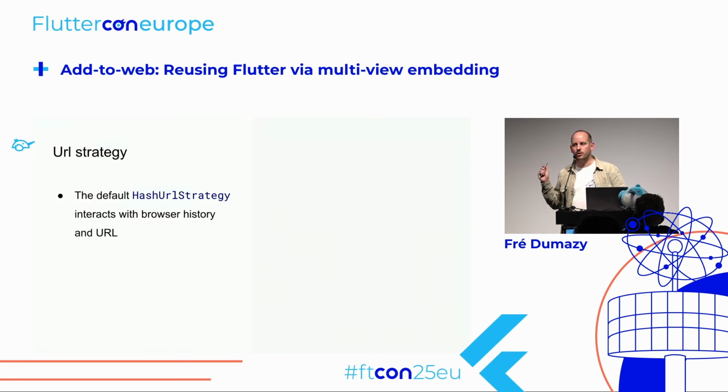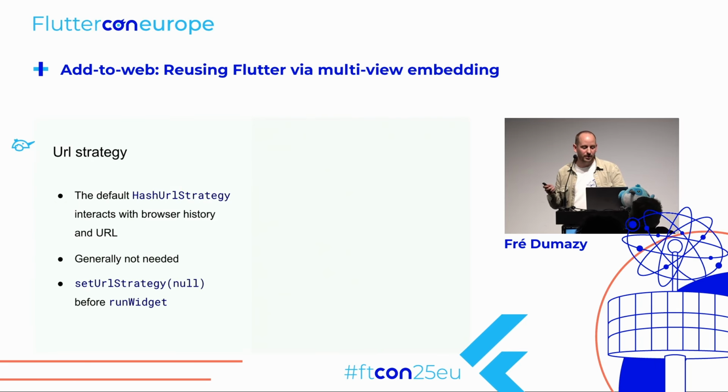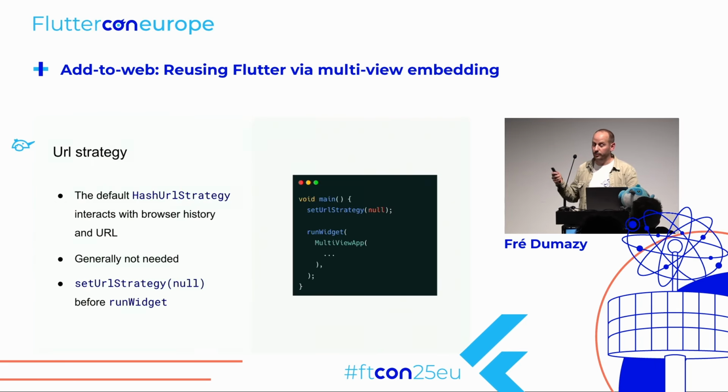I've seen this cause a lot of issues in multi-view embedded apps. And I feel, this is maybe really a shortcut, but I feel it's generally not needed. You can implement it however you want, but you could just set it to null before you call runWidget.